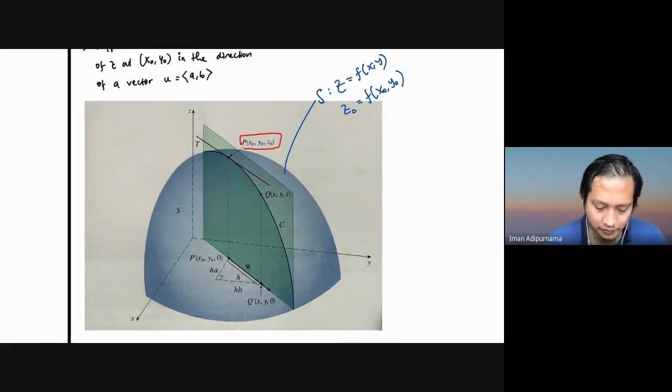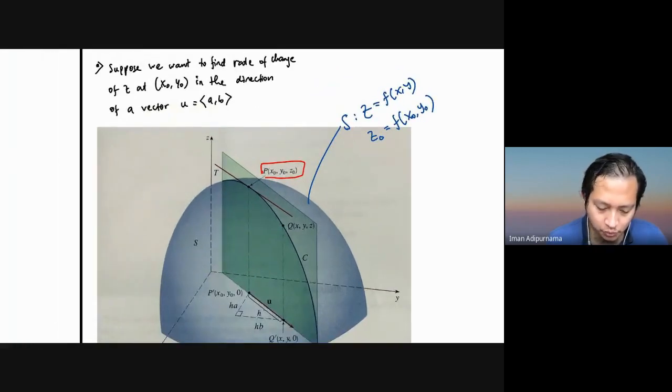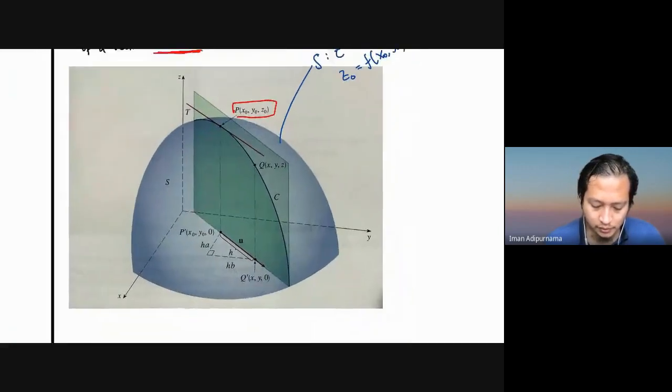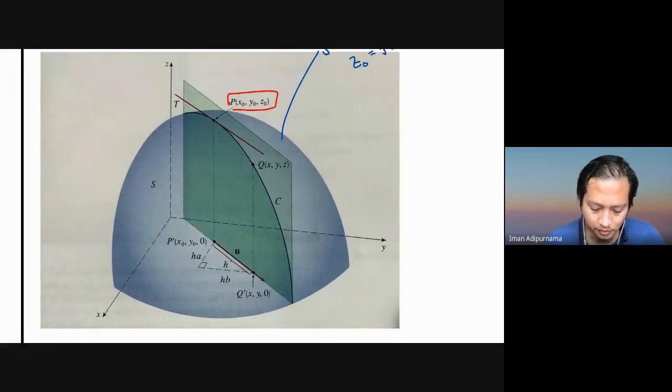And we have, because we already define our vectors here in directions A and B. So let's say this is the vector u.